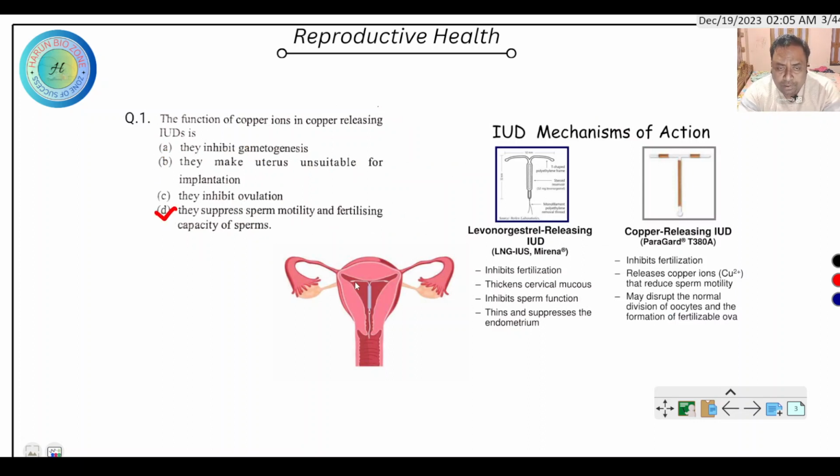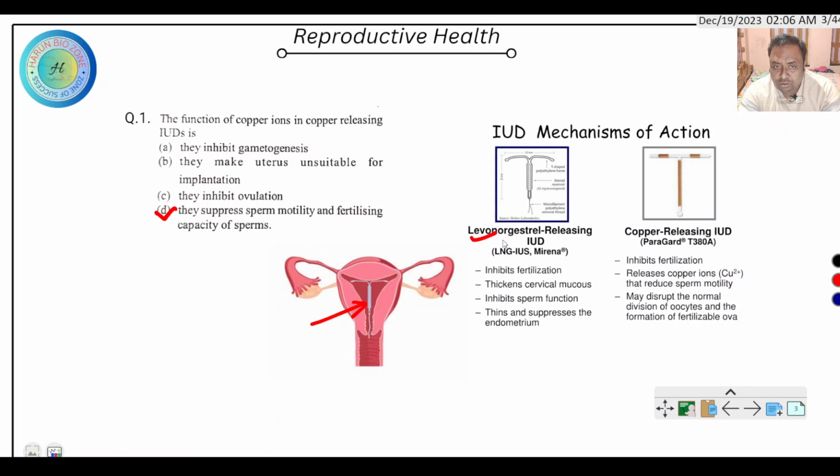Here's some explanation. Copper T or intrauterine devices are used. What is the function of a copper intrauterine device? Some examples of intrauterine devices are levonorgestrel releasing IUD like LNG IUS, Mirena, and copper releasing IUD.